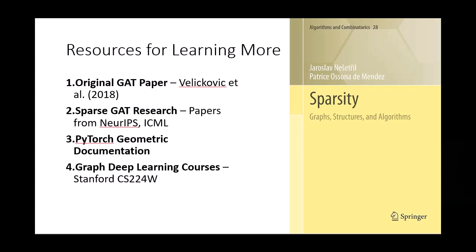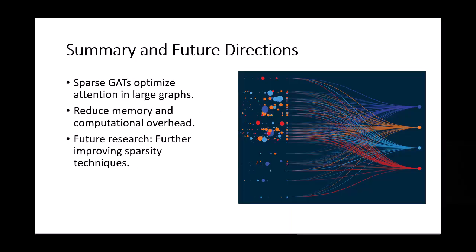Then there are papers from ICML. There is the PyTorch that I earlier talked about, and then there are also some other courses that you can find on Coursera, on lynda.com. There are a number of courses that you can use to enrich your knowledge in this area.